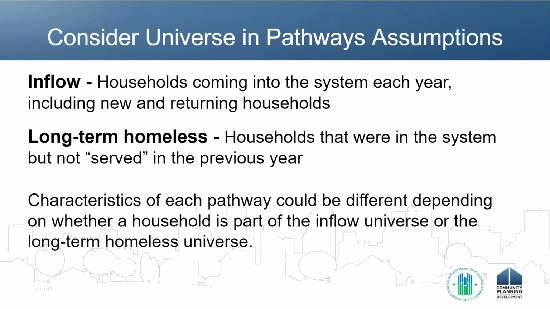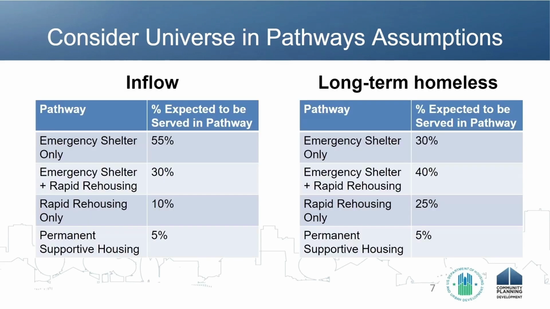Characteristics of each pathway could be different depending on whether a household is part of the inflow universe or the long-term homeless universe. For example, we could have the same 4 pathways for both universes: emergency shelter only, emergency shelter plus rapid rehousing only, and permanent supportive housing.